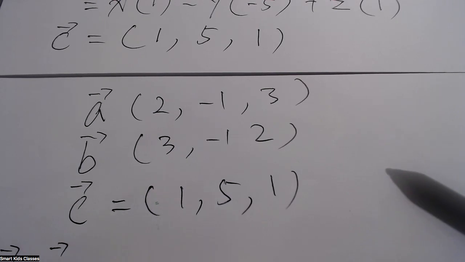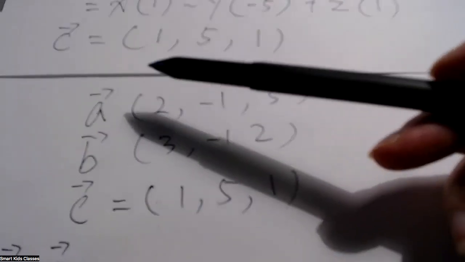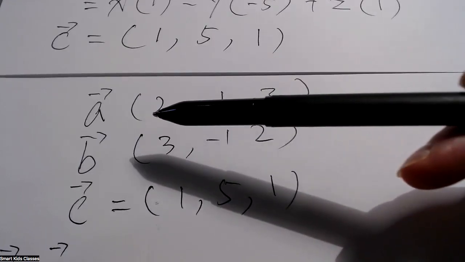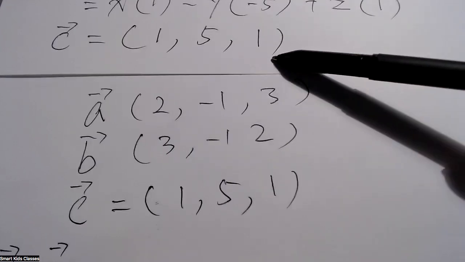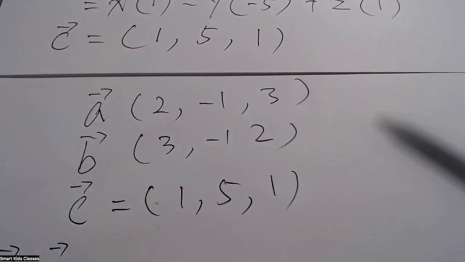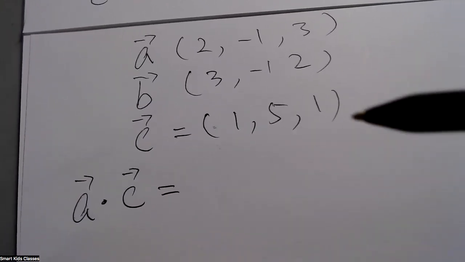To verify it, we need to do the dot product. We are going to do vector A dot vector C and vector B dot vector C, because C is the cross product, to prove it equals 0 and the answer is correct. Now we do the first one.